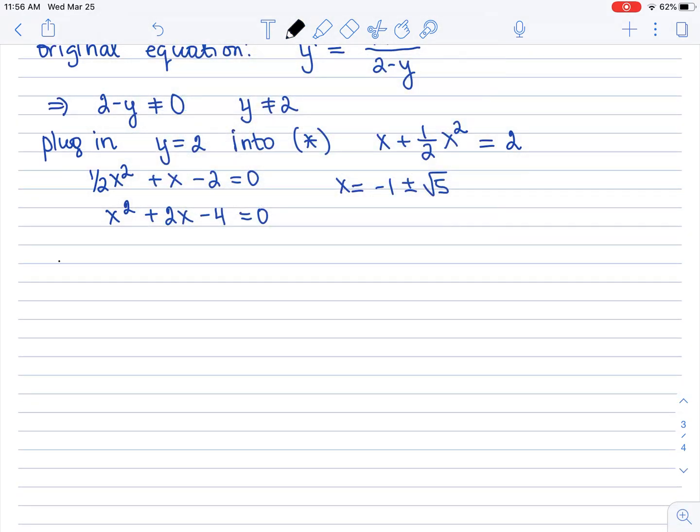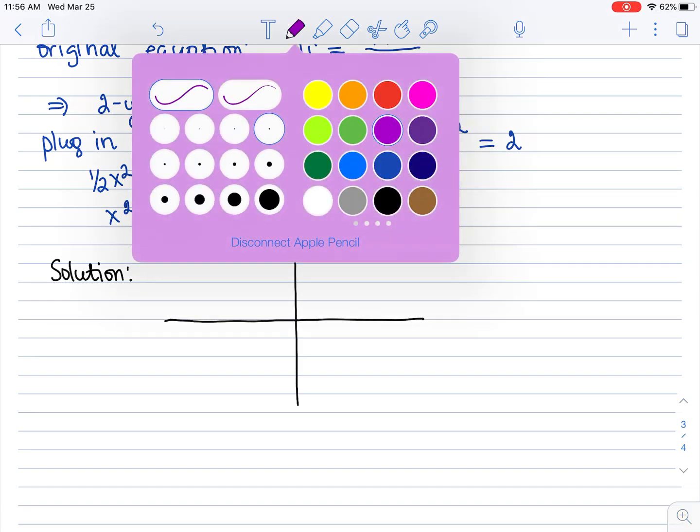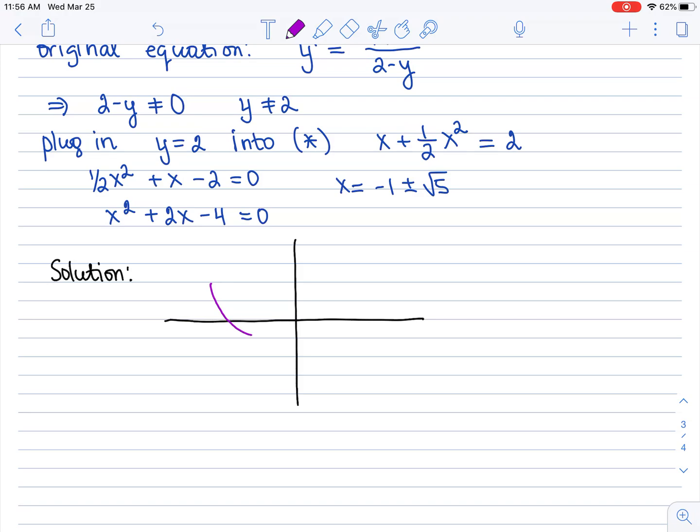What is the solution to this equation graphically? It's going to be the circle, the lower part, excluding these points right here. This point right here would be -1 plus root 5, 2. This one right here is -1 minus root 5, 2. And then 1, 1 sits somewhere here.